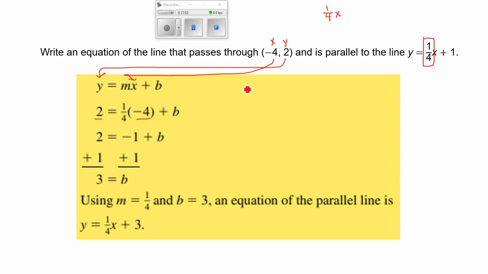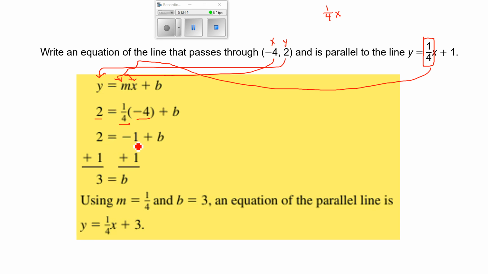And then they figured it out. That was genius. Okay, so remember the slope was already 1/4, so they replaced the m with 1/4. And now they took 1/4 times negative 4, that equaled negative 1, and then they just found out what b was, right?